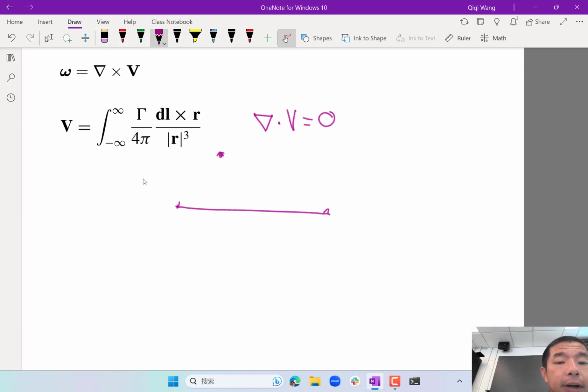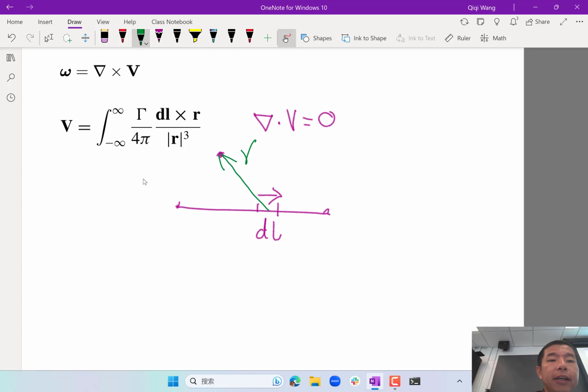We are going to integrate over dl. So dl is going to be this particular small section, right? This is dl. And what is r? R is the vector that points into the location of the flow field from this small segment. Right, this is R.